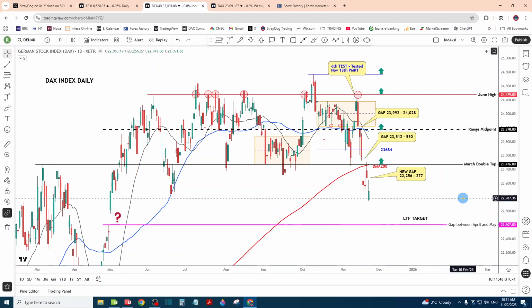What is interesting here and important to understand is that on the way down, the market gapped down below the March double top, which was an extremely important level not only on the daily but also the weekly charts, and then later retested it together with daily 200, because in this part daily 200 was not tested in the regular trading hours.